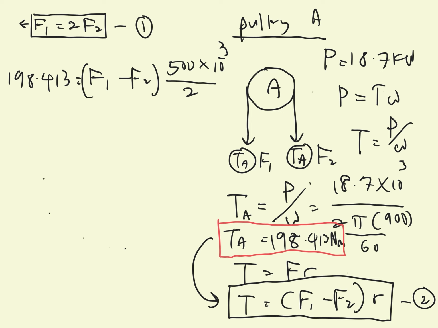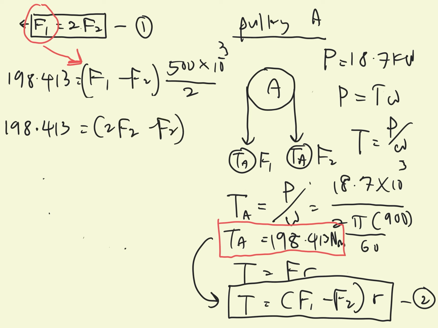And then we have another equation here. So we can put this value inside this, so the equation will become 198.413 is equal to, F1 will become 2 F2, minus F2, divided by 250 to the power of -3 because we change into meter, and then we can solve for F2.